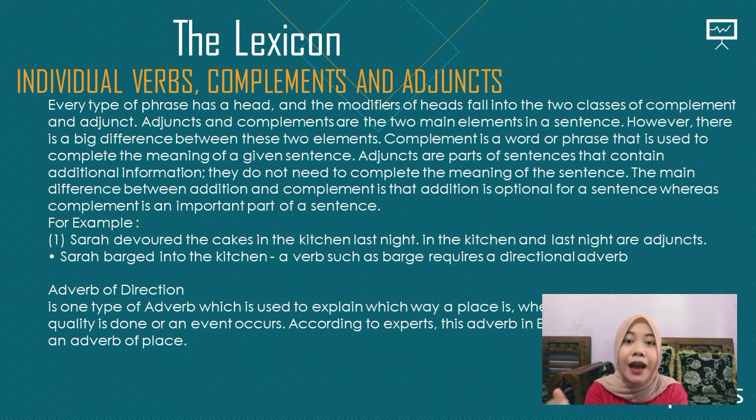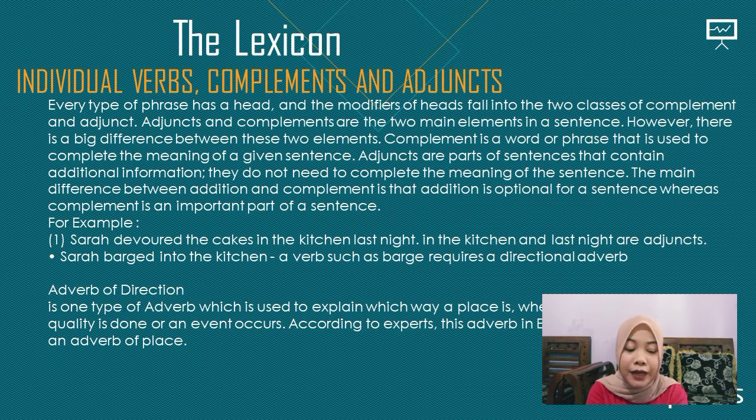Simpelnya gini, adverb of time and location atau yang biasa kita sebut dengan adverb of place itu kita sebut dengan adjunct. Nah, di sini in the kitchen itu menunjukkan tempat dan last night itu menunjukkan waktu. So, in the kitchen and last night itu kita sebut dengan adjunct.